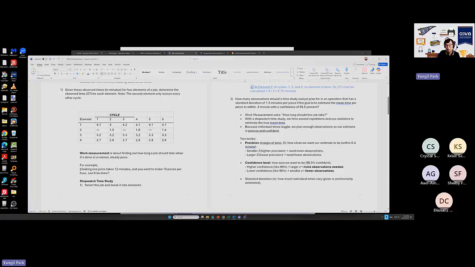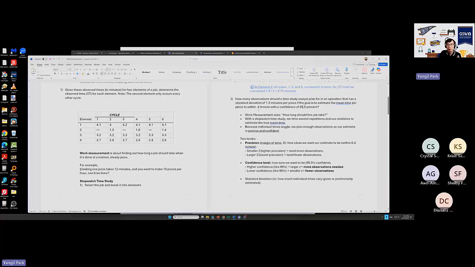Typically it's 95% or 99% in the normal distribution. You've heard about it a lot. That's where they come from, the normal distribution for this question. So the standard deviation is 1.5. That's from the mean, right? Mean time.